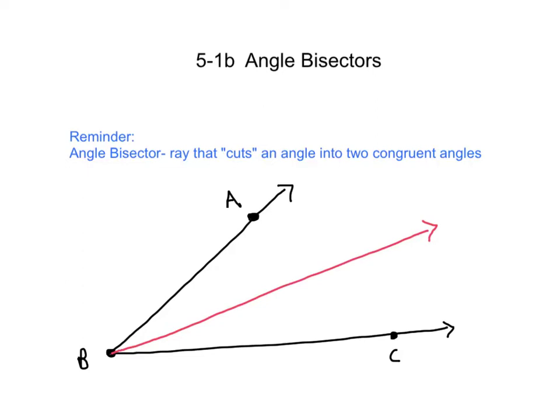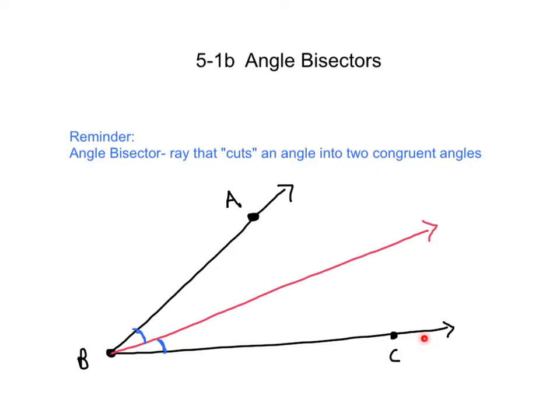But the big key here is that we have the congruent arc marks, meaning that this top angle is congruent to the bottom angle. So we would call that red ray the angle bisector.